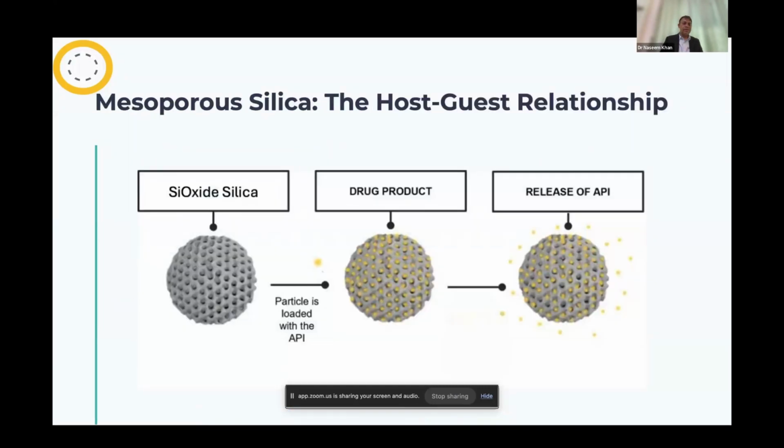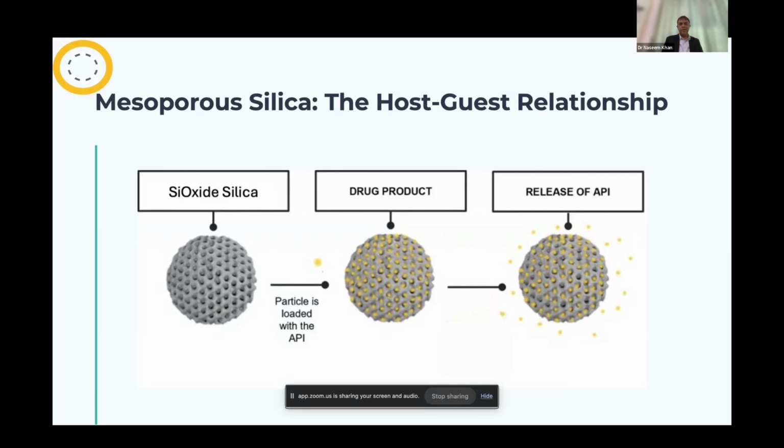So this is how the host-guest relationship happens with silica. This is silica, silicon oxide, and this is a drug product and release of the API. As I just said, it is dispersed. It is not 100% water soluble. You can disperse it into water, or whatever media you are looking for.